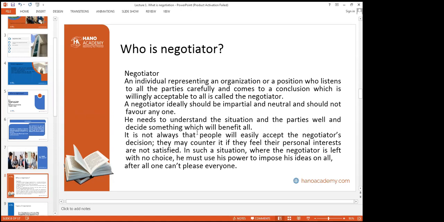So let's look at this. Who is a negotiator? This is an individual that represents an organization or a position, who listens to all the parties carefully and comes to a conclusion which is willingly acceptable to all.